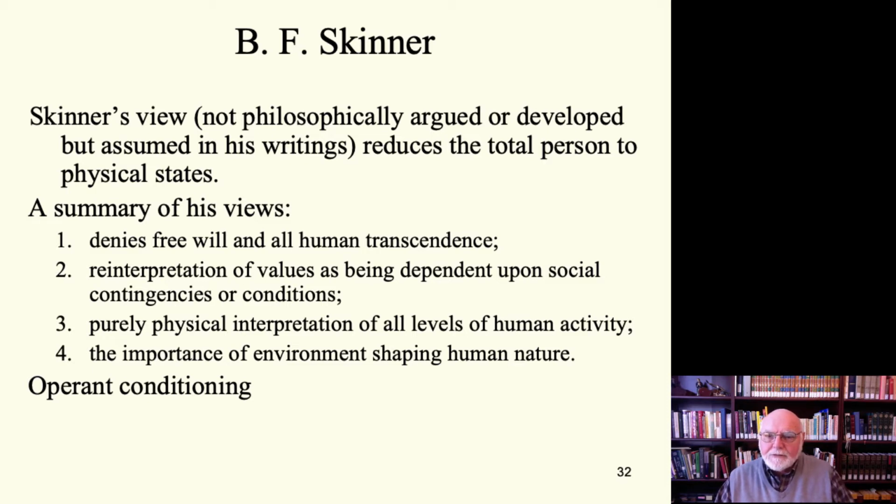In other words, he is really finding himself back in the hard, mechanistic materialism of Hobbes. He reinterprets values as being dependent on social contingencies and conditions, which is a modification. That's not a law of nature, that's a law of society. It's a purely physical interpretation of all levels of human activity.